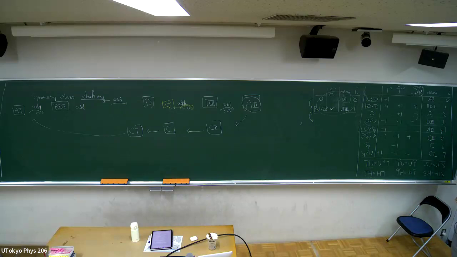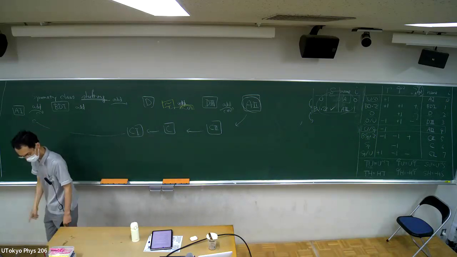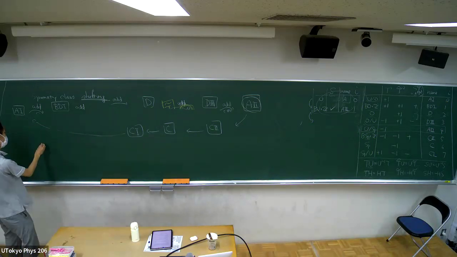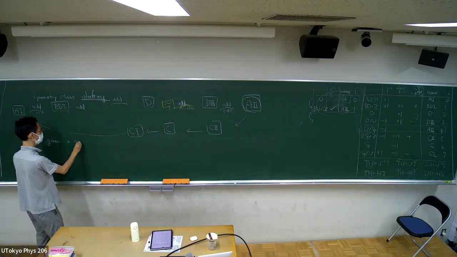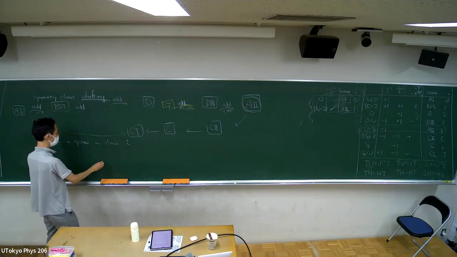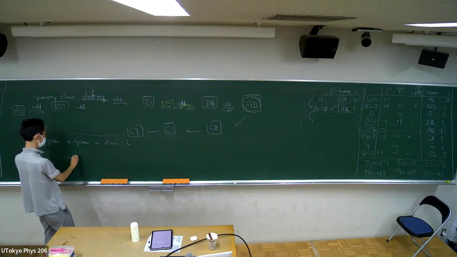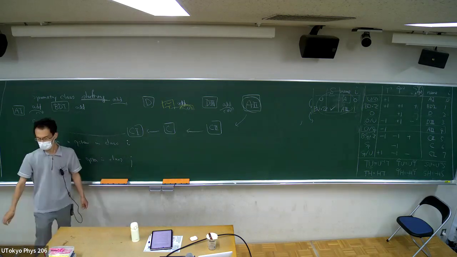But you might still ask me, the next question is, how did I choose this to be the starting point? Why do I think this is the origin? The reason is the following. Let's say you are given a system in class I and another system in class J, right?